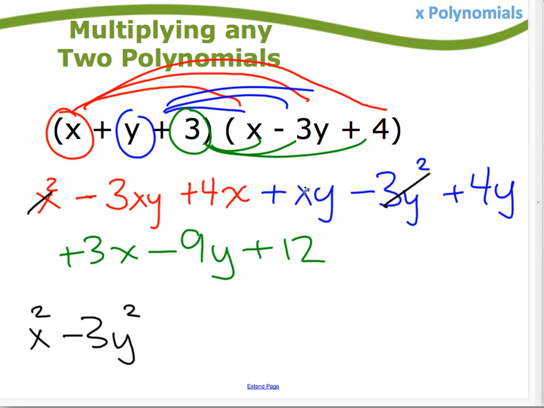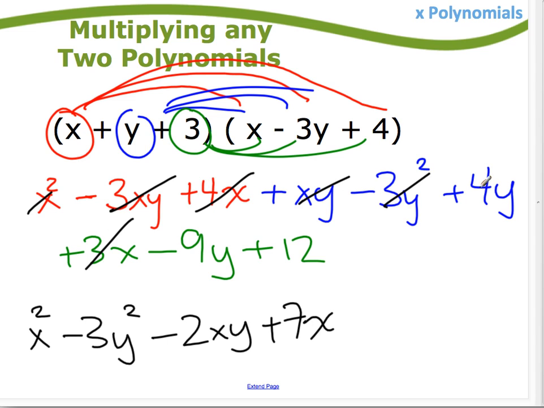So I'm down 3, I gain 1, so I'd still be down 2 xy's. Those guys are gone. X, here's an x, and there's an x. Plus 4, plus 3, that'd be plus 7x. X is gone. Here's a y, there's a y. Up 4, I lose 9, so I'd be down 5 y's. Y's are gone. Now just left is my constant term.